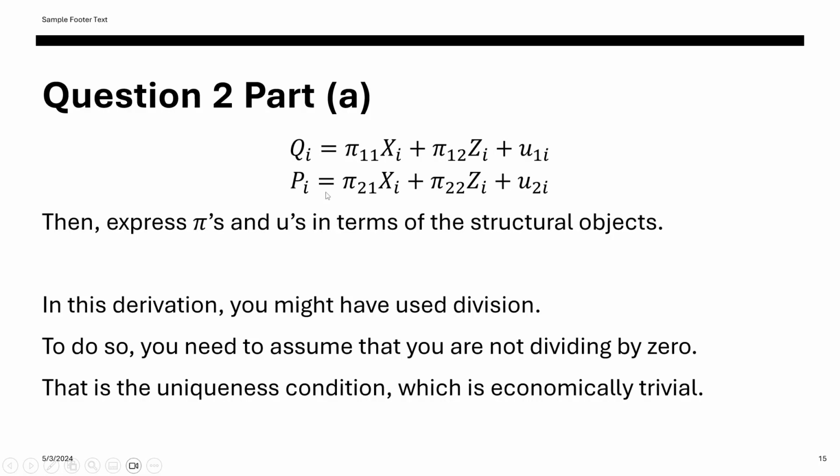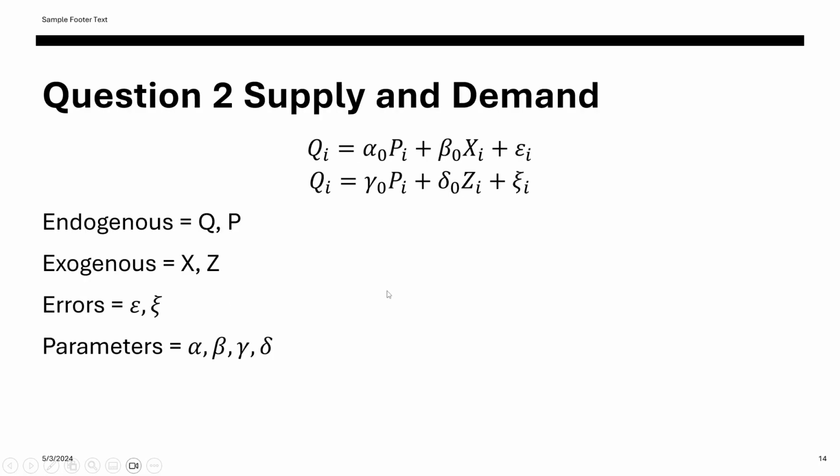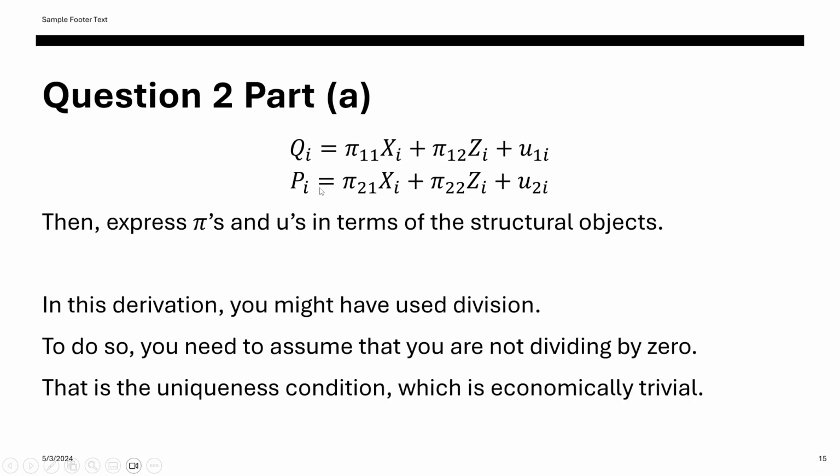By the way, in this derivation, the usual mistake happens when something is too obvious. You may have used division to solve these two linear equations, and in doing so, you need to think about whether the divisor is 0 or not.